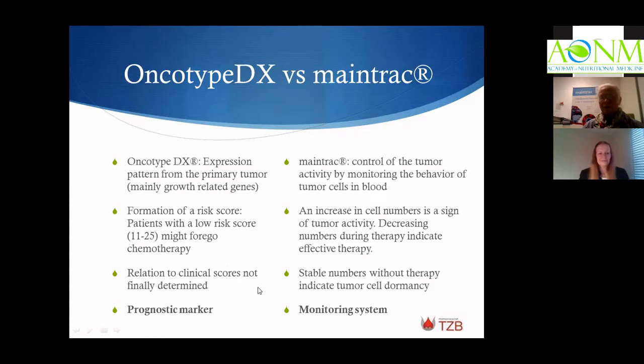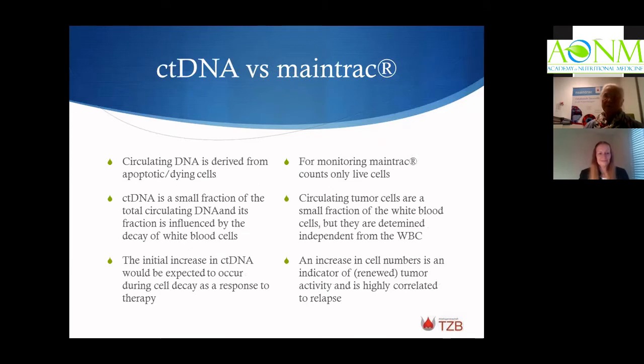There are still studies ongoing, but we know that stable cell numbers without therapy indicate that these cells in the blood are dormant. So ours is a monitoring system, whereas Oncotype DX is a prognostic marker from the primary tumor.